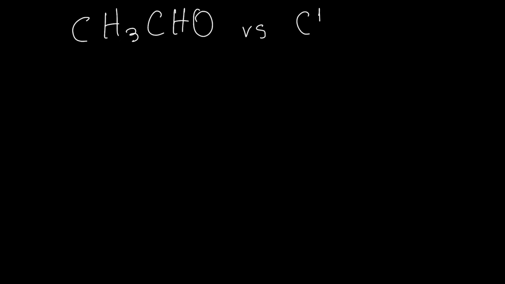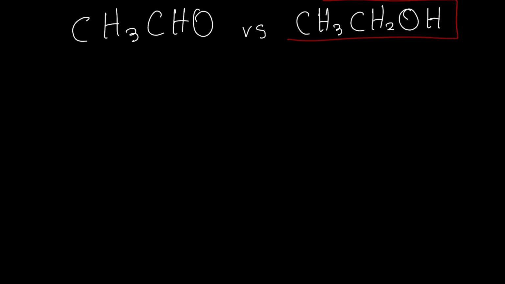So now let's compare CH3CHO to CH3CH2OH. Which one of these is going to have the higher boiling point? The answer, for this case, is going to be the ethanol.